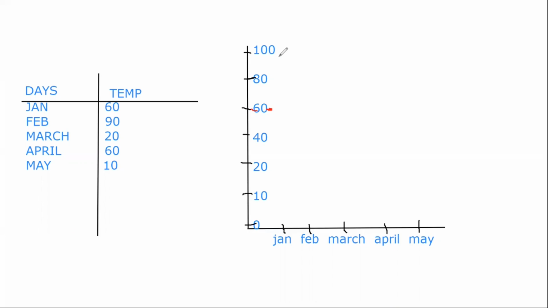So I'm going to put it here. In the month of March, the temperature dropped to 20 degrees. In the month of April, it increased to 60 degrees. In the month of May, it dropped to 10 degrees.